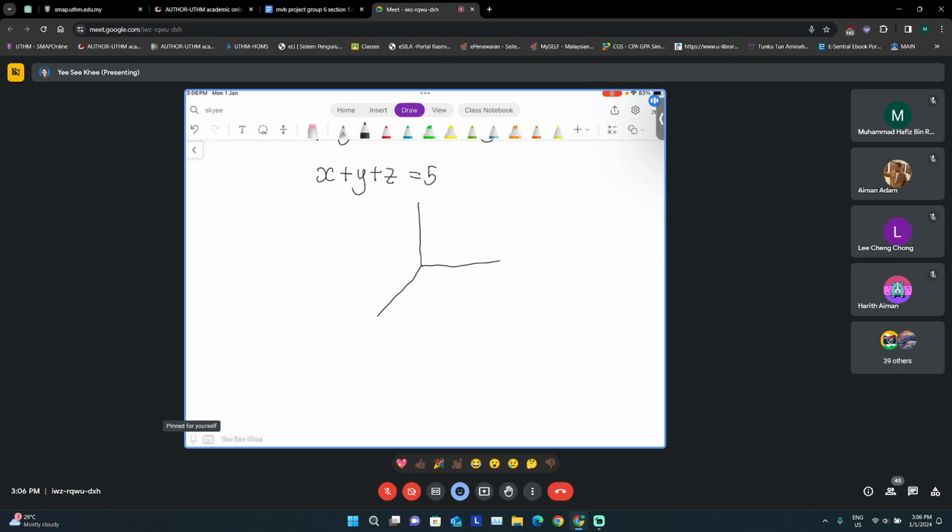If you divide both sides by 5, because we want to make sure that this side is equal to 1, meaning that you will have intersection points of 5. Okay, so this is your plane.